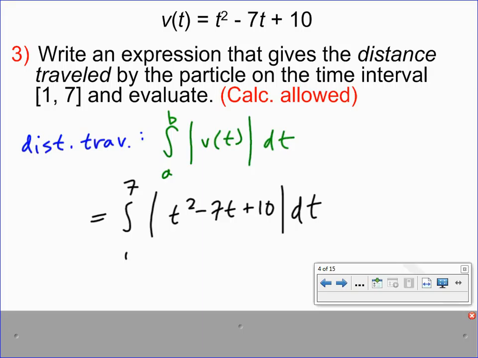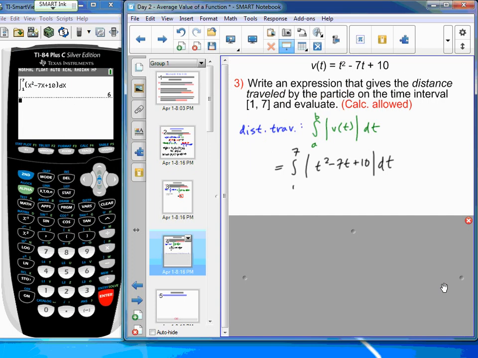We saw in our activity from last time, if this were non-calculator, I'd have to determine the zeros of that quantity inside, use my sign test, and take the opposite of the velocity over those negative velocity intervals, and break it up into 3 separate intervals. But because this is calculator allowed for number 3, I'll math 9 it again and simply include my absolute value.